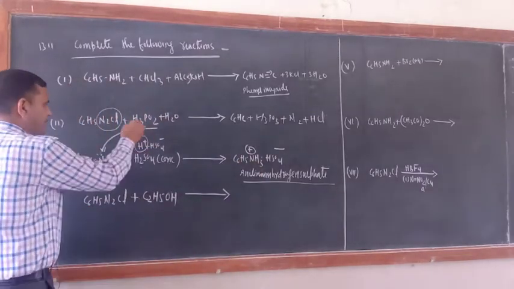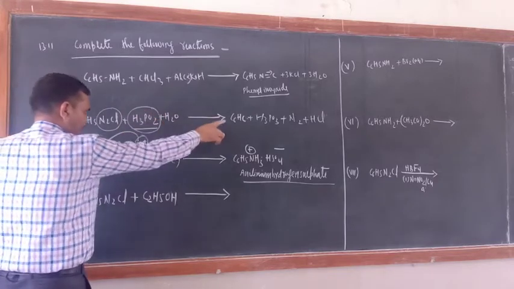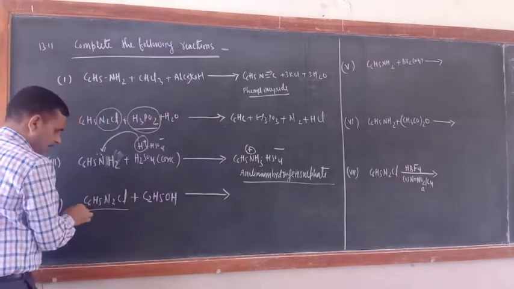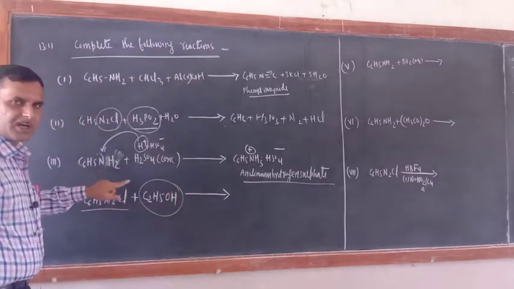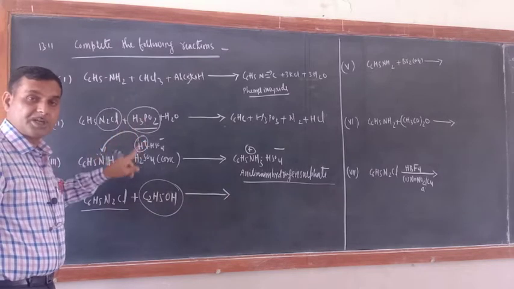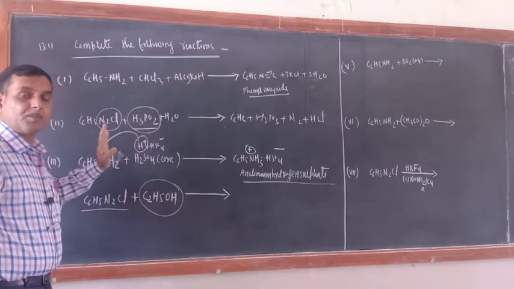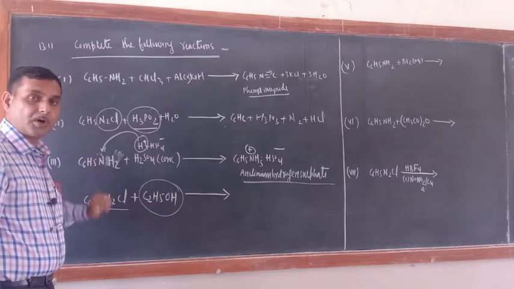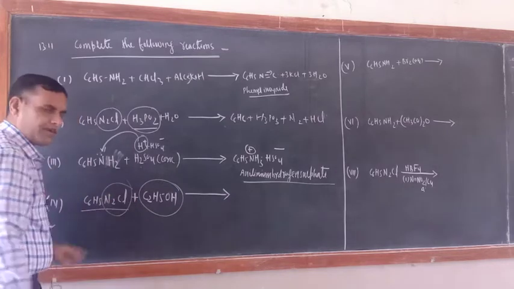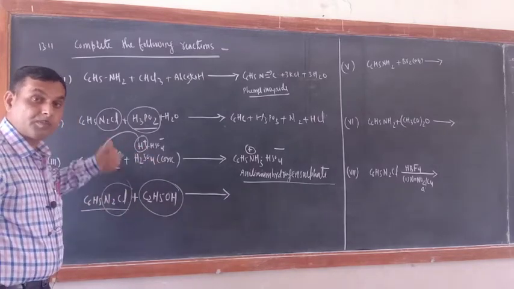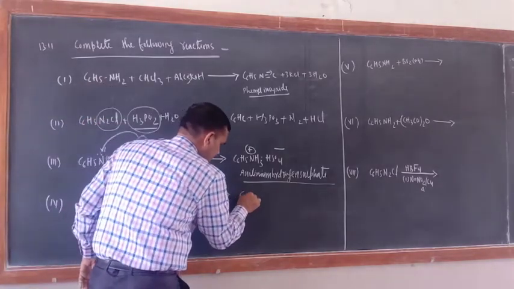Now what about this one? Again, just see, when benzene diazonium chloride reacts with H3PO2, the product is benzene. Similarly, when benzene diazonium chloride reacts with ethyl alcohol, the product is benzene only. That is why when I taught you benzene diazonium chloride, at that time I told you these two reactions are very important. And what is the reason behind their importance? Because the N2Cl group will go away completely, and the final product would be benzene. So now what would be the product?